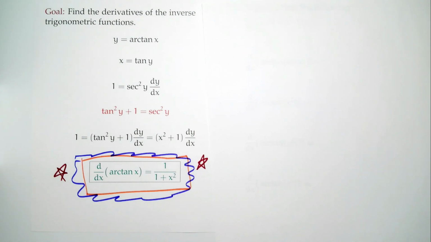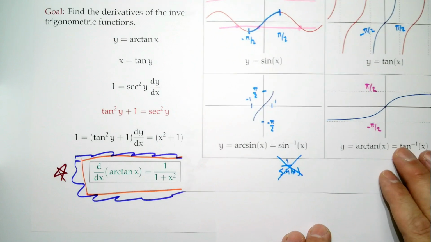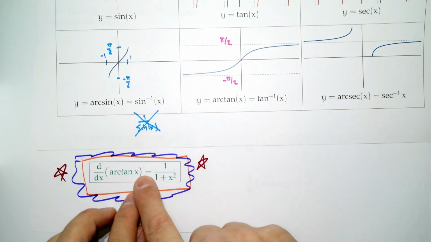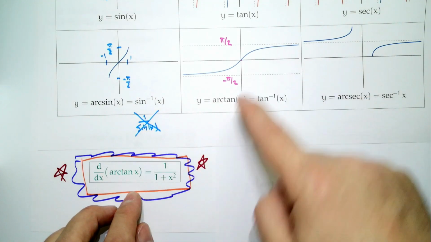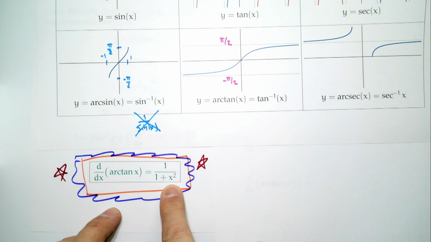Good. Now we may want to try to convince ourselves that at least it's reasonable. Let's think about some things that should be true. Let's go back to our picture of arctangent. So here's our derivative, here's arctangent. What happens to our derivative of arctangent as x goes to infinity?